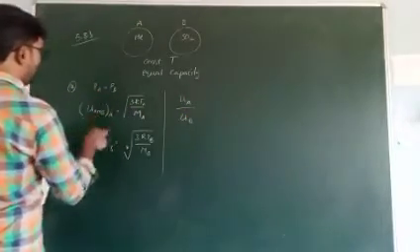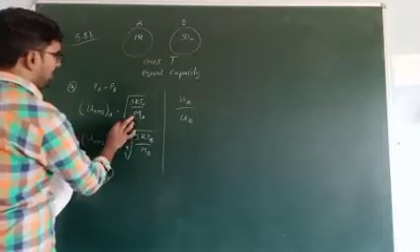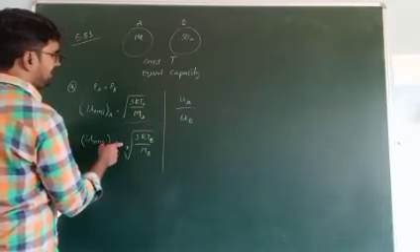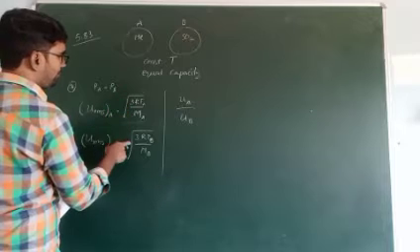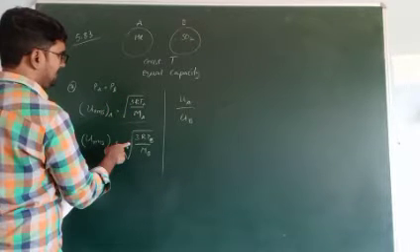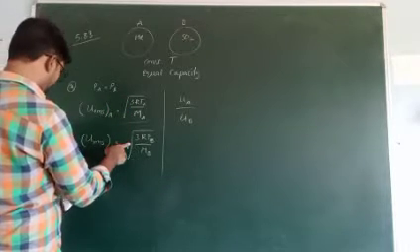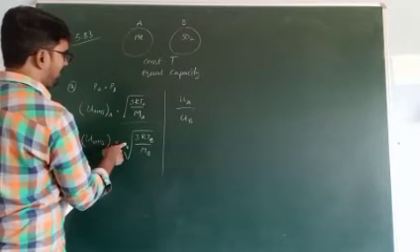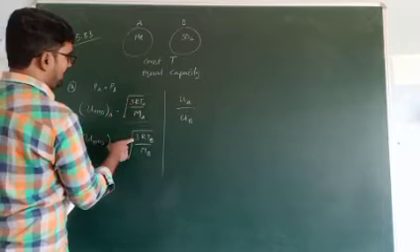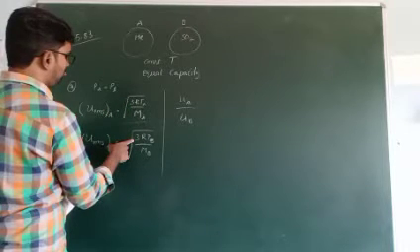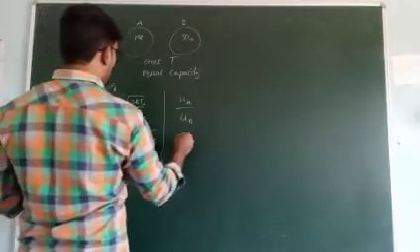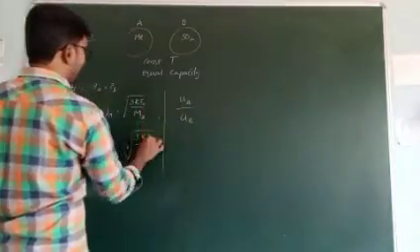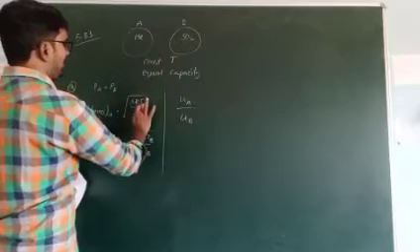Write simply UA by UB is equal to, take the ratio; on both sides the root is cancelled, up and down. 3R cancelled. And the temperature also cancelled, because temperature is constant.